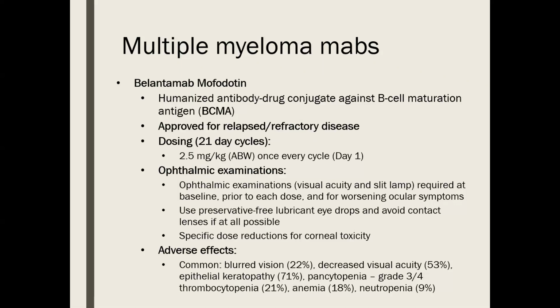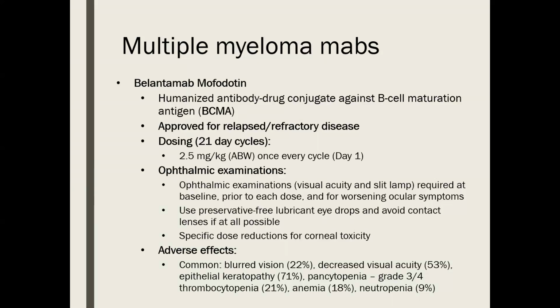So as associated with that, ophthalmologic evaluations, including a visual acuity and a slit lamp exam, are required at baseline as well as prior to every dose of therapy and for any worsening symptoms. So every cycle of therapy, these folks need to have a visual acuity checked. They need to use preservative-free lubricant eye drops and avoid contact lenses if at all possible.